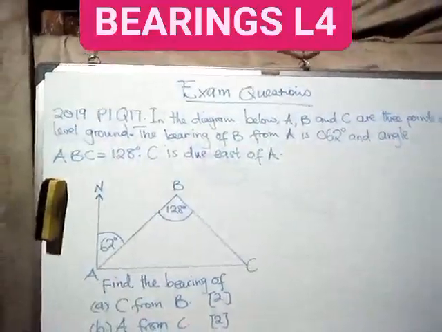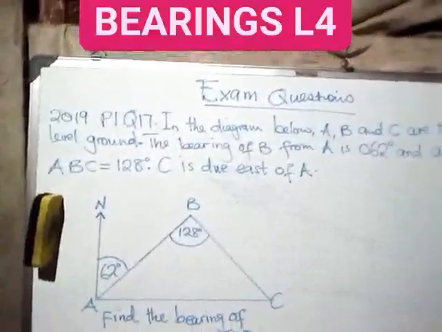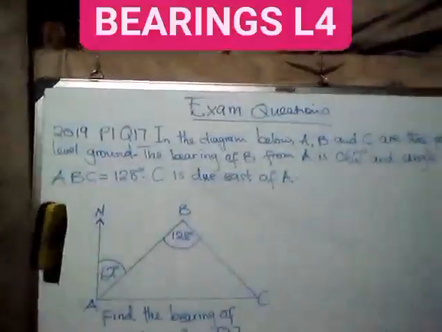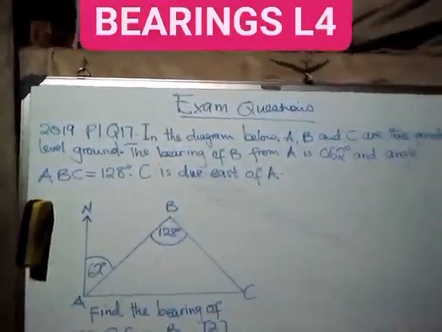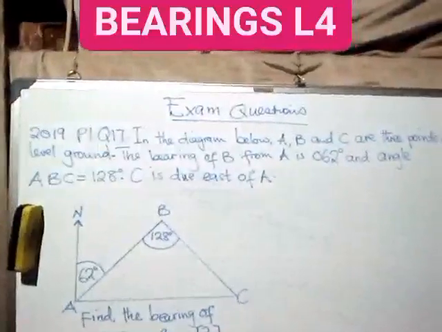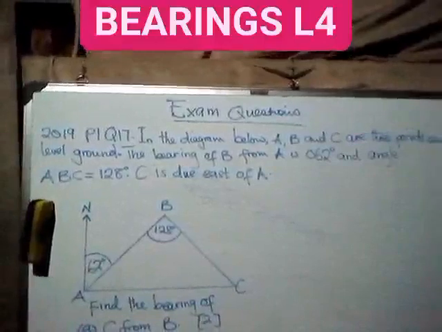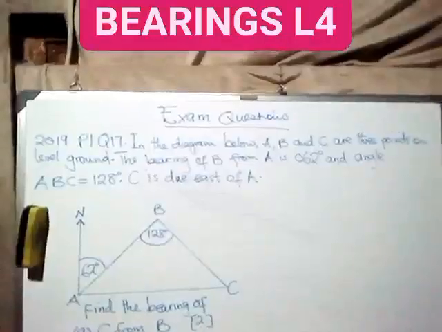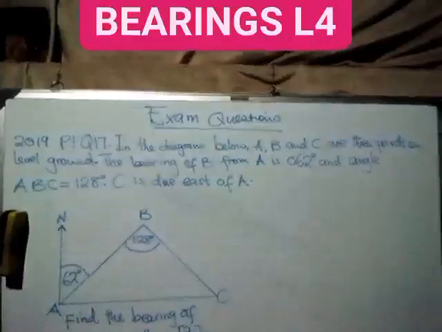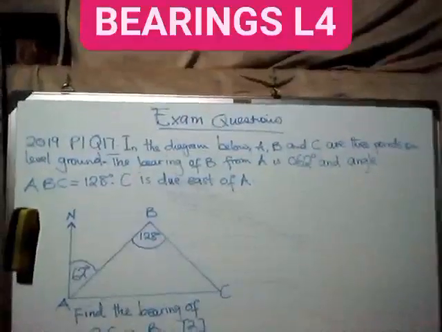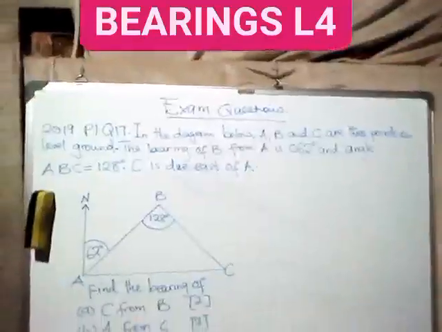The bearing of B from A is 062 degrees and the angle ABC is 128. Now, the point C is due east of A.